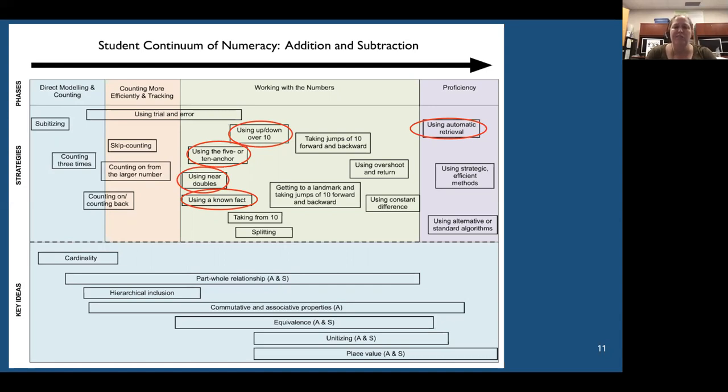So they're using sophisticated strategies, but in the beginning, those sophisticated strategies are cognitively challenging and are often quite slow. And so our next step is to help them get faster at them so that those sophisticated strategies lead towards what we call automatic retrieval, which is basically like going through the steps of those strategies, but really fast because they've practiced those pathways so many times.